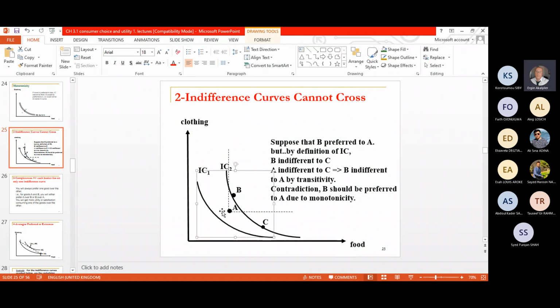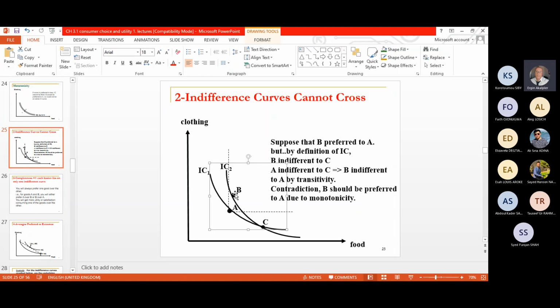Look, if we don't have this, it should be like this, which is not crossing each other. Maybe a little bit better, but not crossing each other. You understand? This is indifference curve 1, this is indifference curve 2. This is acceptable, but if they are crossing each other like this, it's not okay.